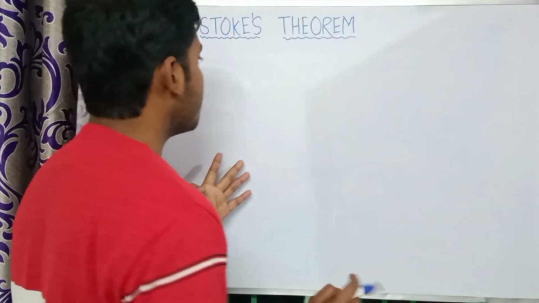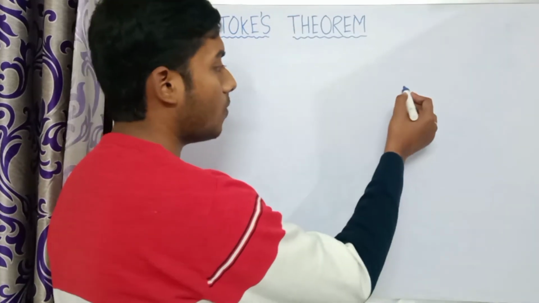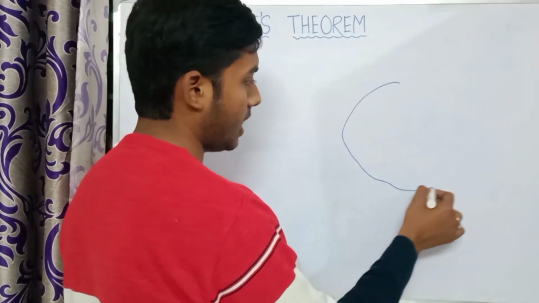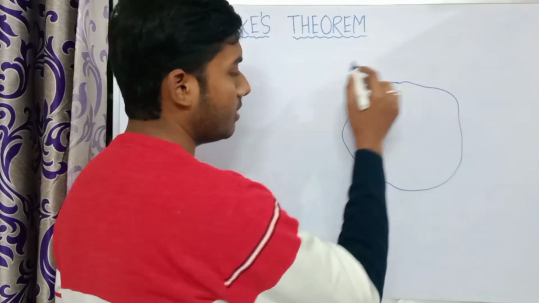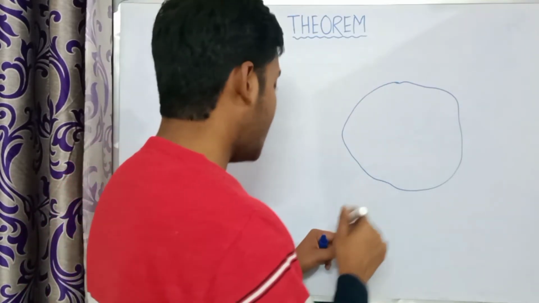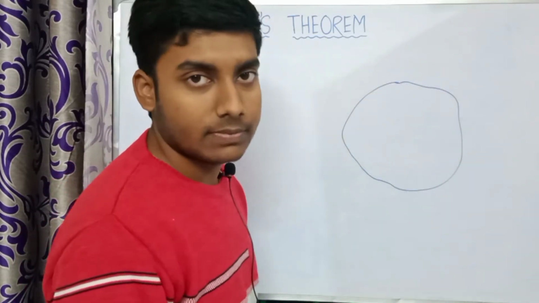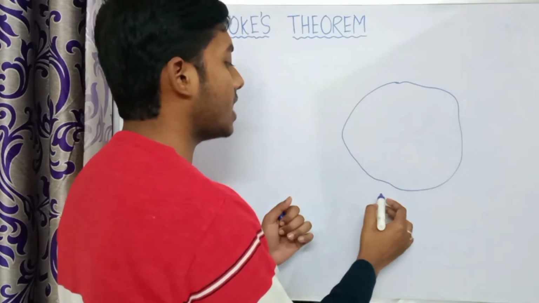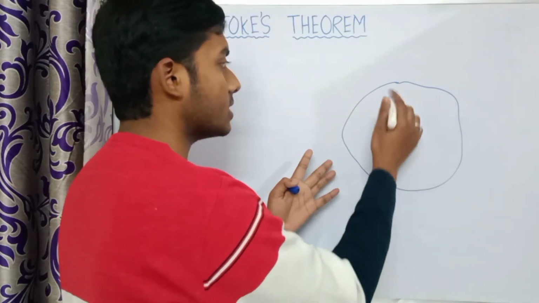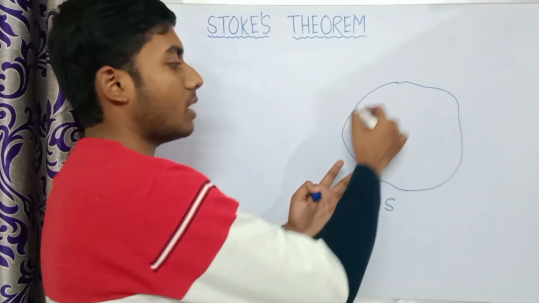So Stokes theorem: suppose we have an arbitrary region, and this is the boundary of that region. Suppose S is the surface which is enclosed by this boundary.